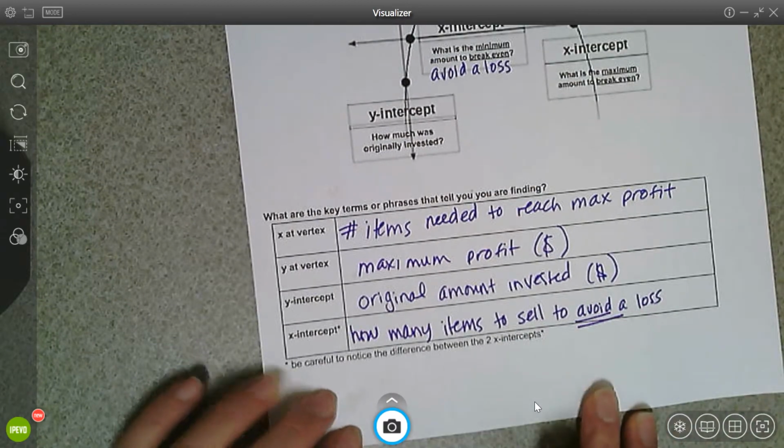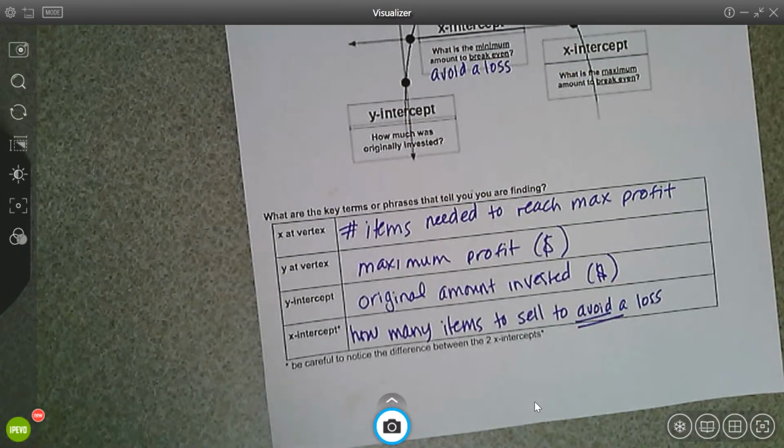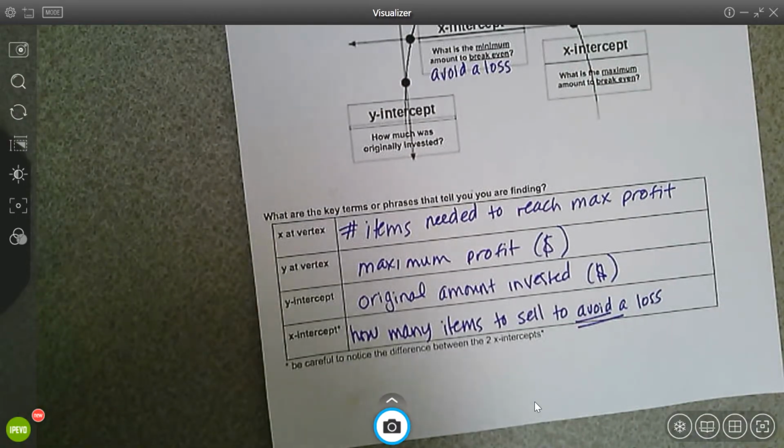So again, you're going to be interpreting graphs, but the equations are going to be different because the scenarios are different. We're going to start looking at money and how you can use a graph.